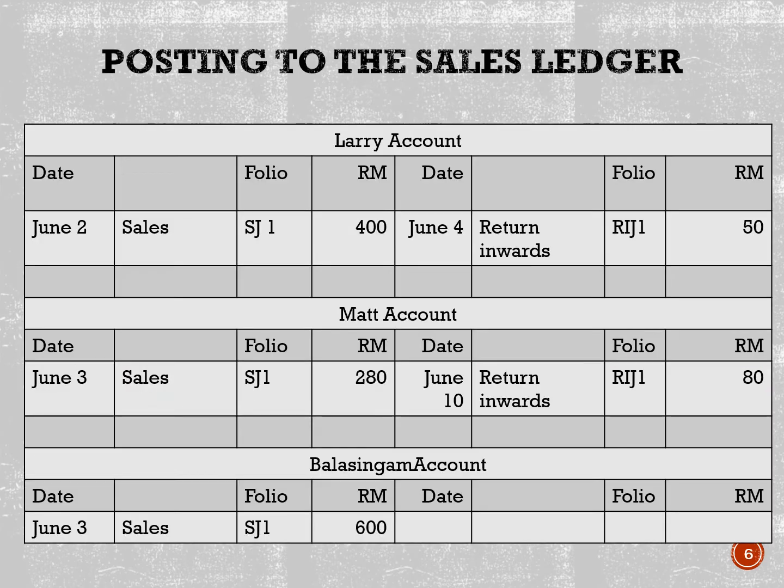So, next. So, this is for you want to post to the sales ledger. Untuk sales ledger, you kena ingat yang tadi yang kita dah belajar dalam purchase account dengan sales account. Tapi sekarang, in the purpose of the name of dekat siapa sales yang kita buat. Dekat Larry, dekat Matt dengan dekat Balasingham.